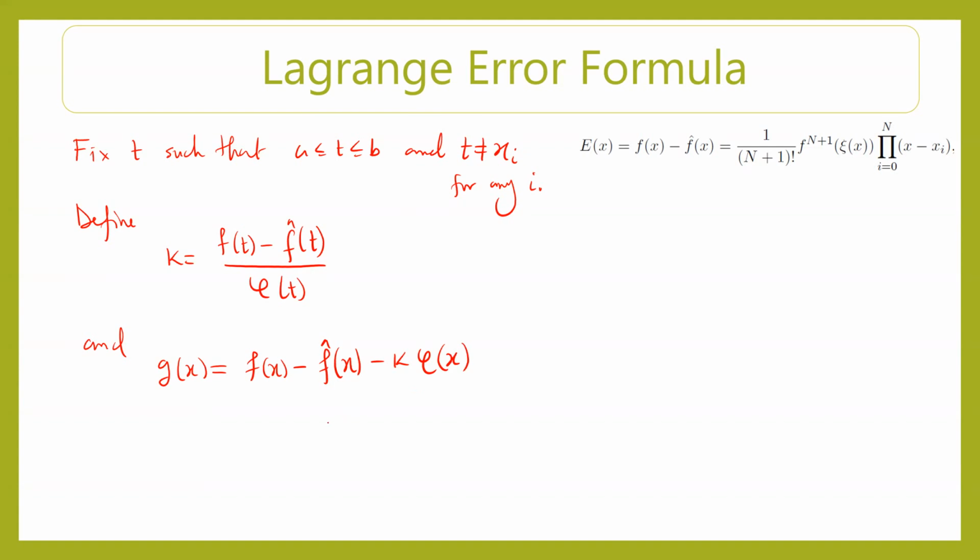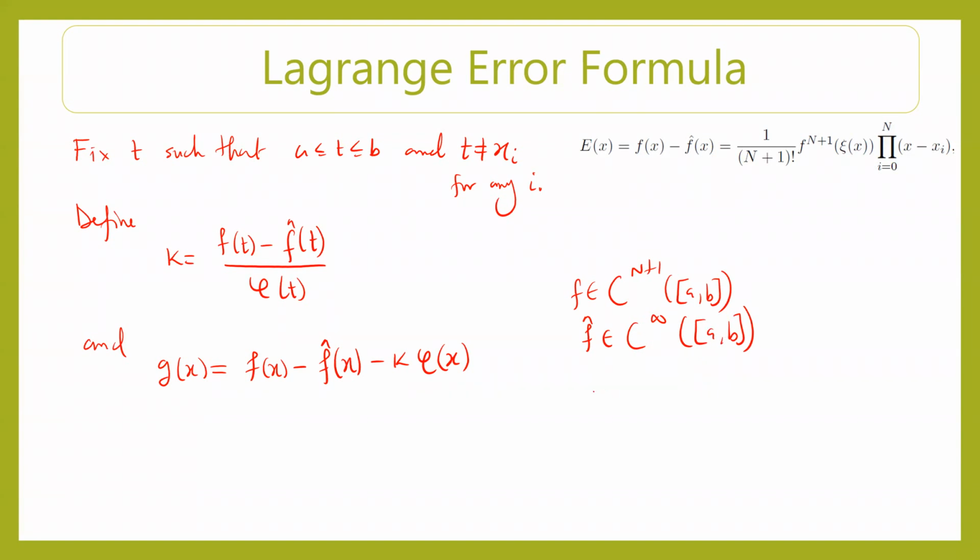All right, first, let's look at this function g. F is, by the statement of the theorem, in C^(n+1) of [a,b], okay? F hat is a polynomial by design, so it is C infinity of [a,b].